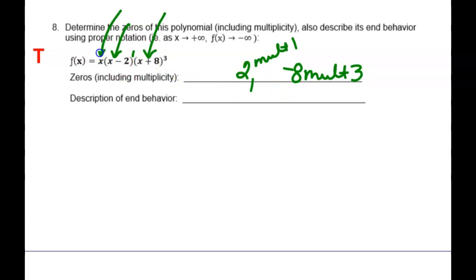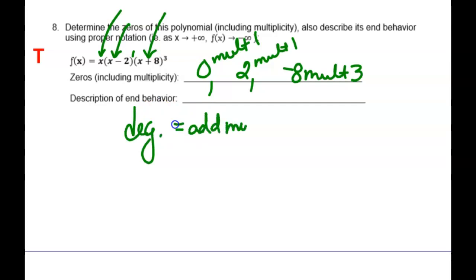And this guy out front is a 0 at 0, and that's also multiplicity 1. You don't have to write multiplicity 1. But if you want the degree, it is the total of the multiplicities. So 1, 1, and 3 is degree 5 for this.